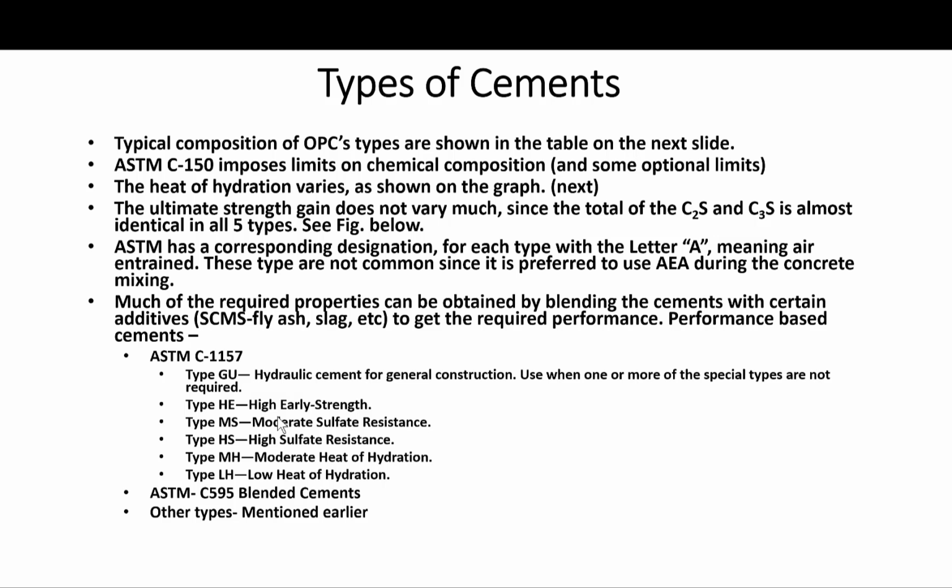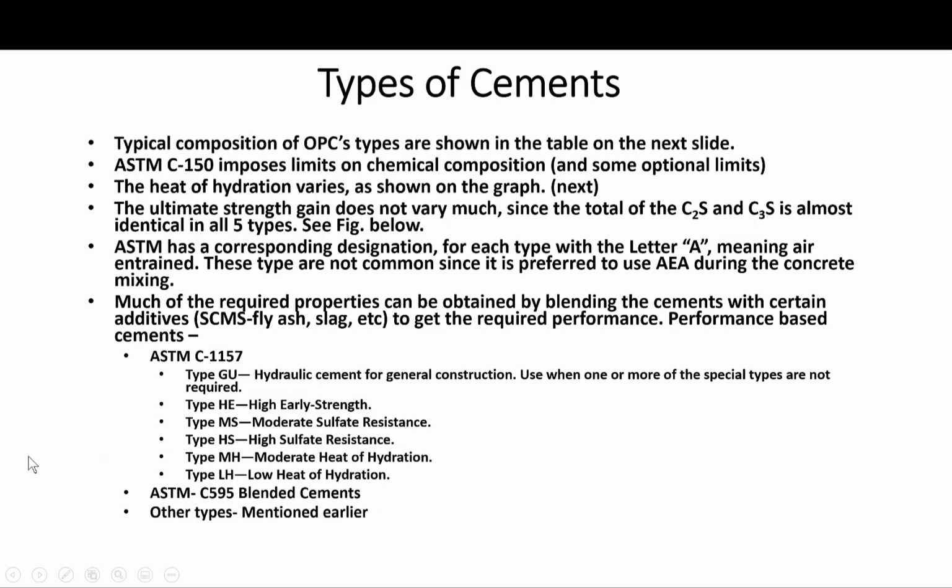So we have a performance-based cement designation by ASTM, which is ASTM C1157. It has 5 types, and these actually parallel the 5 types of C150. We have the GU, general use cement. This is hydraulic cement for general construction. We use it when one or more of the special types are not required. The special types are shown below.